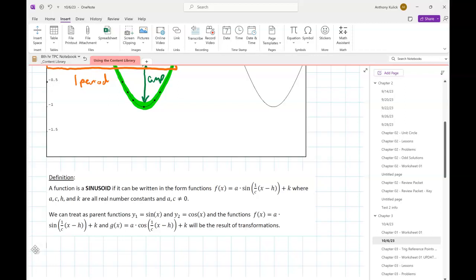So again, this is the same idea that we talked about last time with a parent and resultant. What's the only difference between what we did last time and this time? Before, we were talking about a general f of x as our parent function. Here, our parent function is specifically sine or specifically cosine, but otherwise it's the exact same ideas.